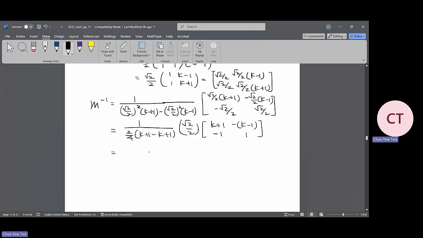You can see that this is a root 2 over 2, and K plus 1, minus 1, 1 minus K, and then 1. Simplify it further, you can get this. Okay, so this will be the M inverse. Done for part B.